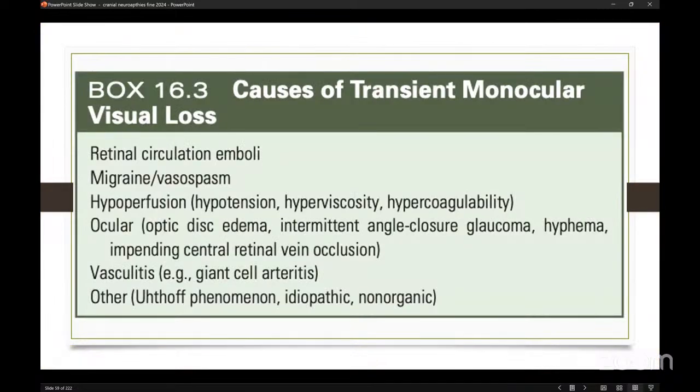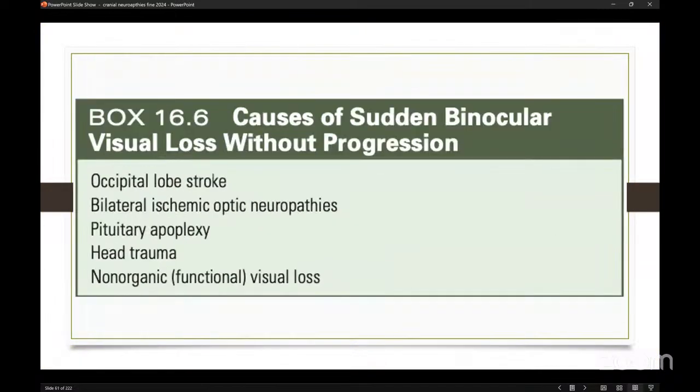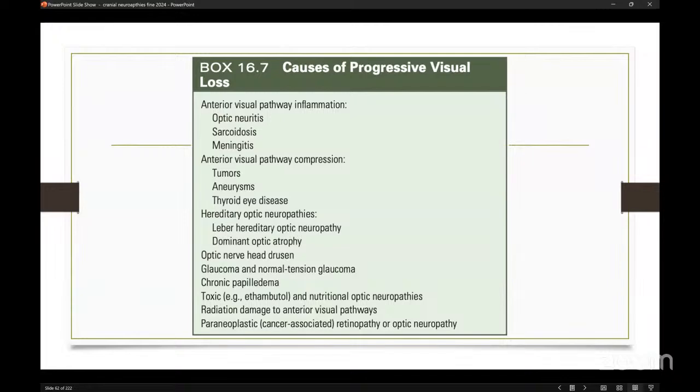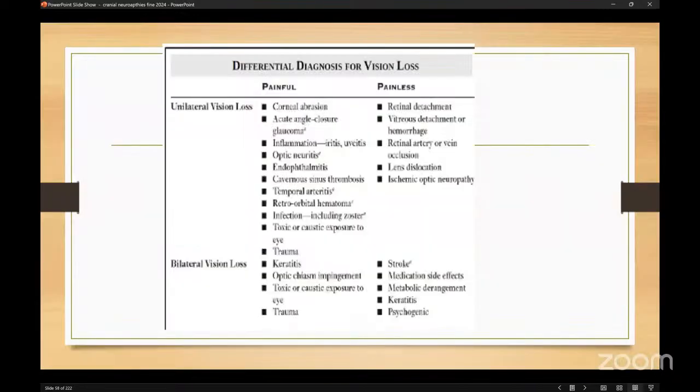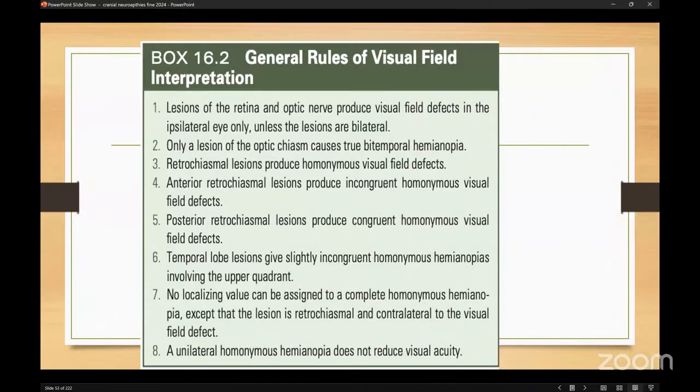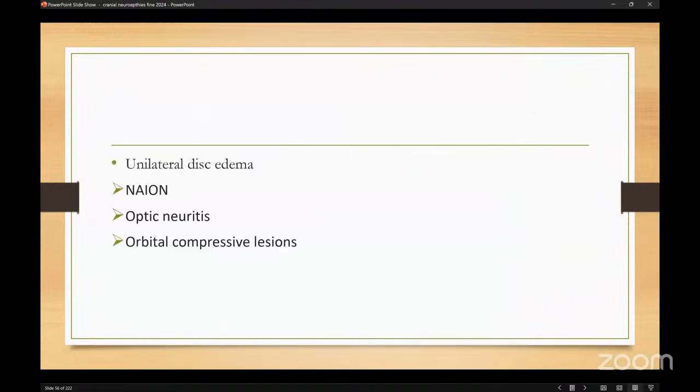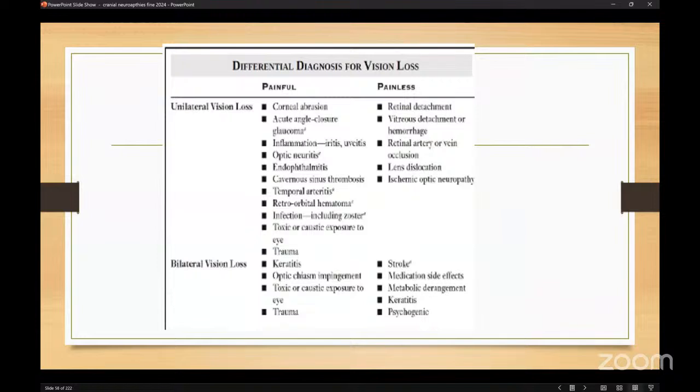So these are the causes. Basically, I won't discuss all these things. One thing you have to remember is whether it is a painful or a painless vision loss. If there is a painful vision loss, it could be corneal lesions, acute angle closure glaucoma, uveitis or iridocyclitis, even optic neuritis, endophthalmitis or arteritic ischemic optic neuropathy.